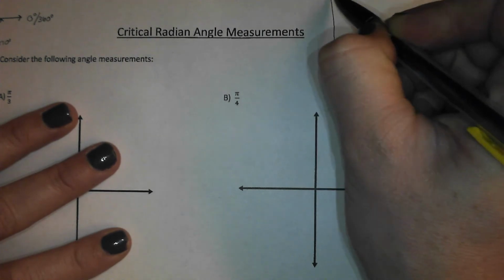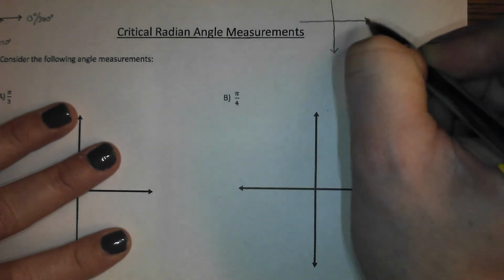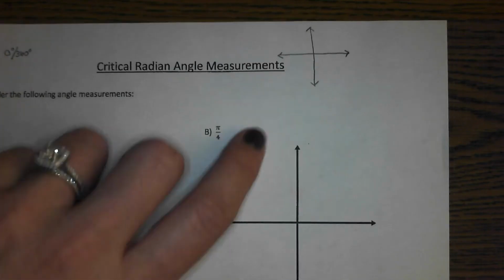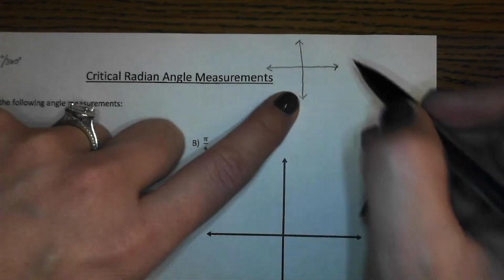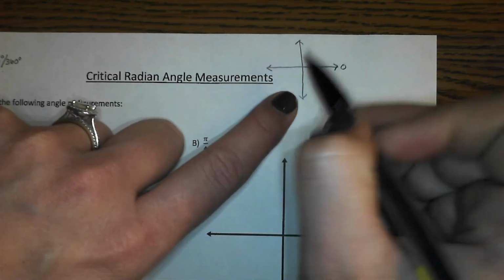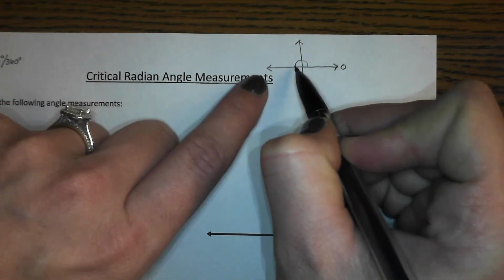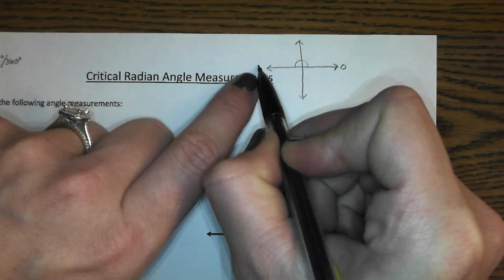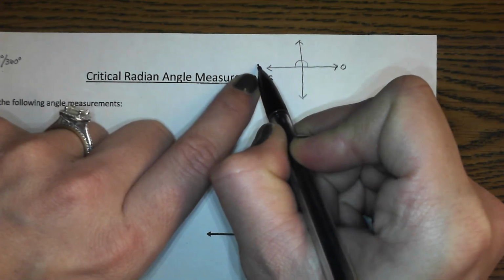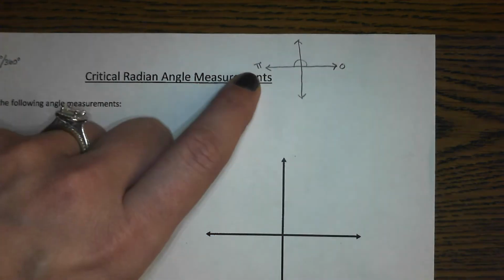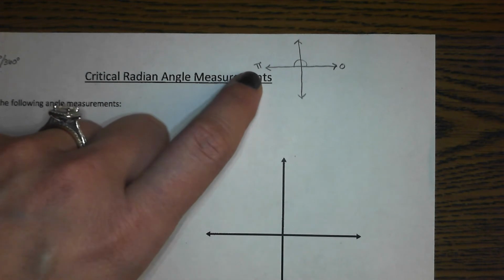Okay? If I ask you to do it for angles in radians, there's actually 2 different ways that we can be given radians. There's radians in terms of pi, which if this is 0 and we open up this way, what's this in terms of pi? 1 pi, right? Not 1, because 1 would look like 1 radian, but 1 pi.